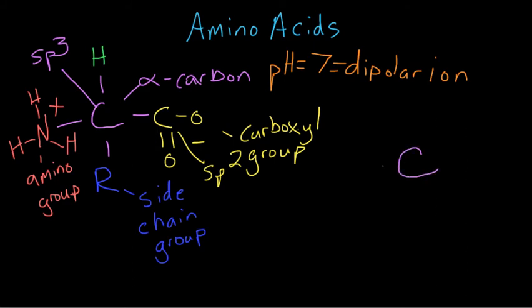So imagine here's your alpha carbon. In this situation, we're going to take this hydrogen and put it into the screen, so into your computer screen behind this carbon. Then you have the remaining 3 groups here.